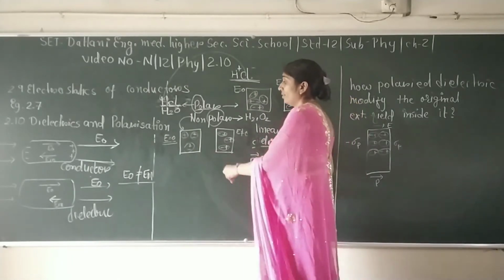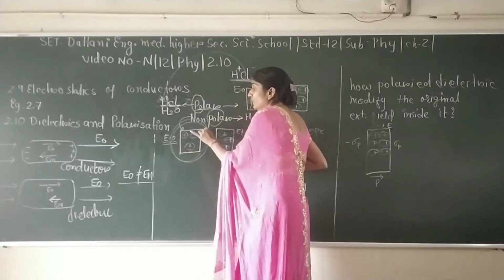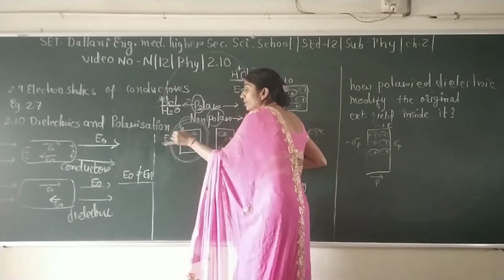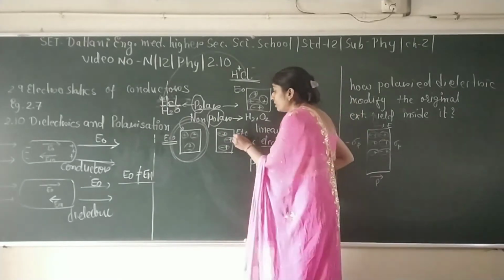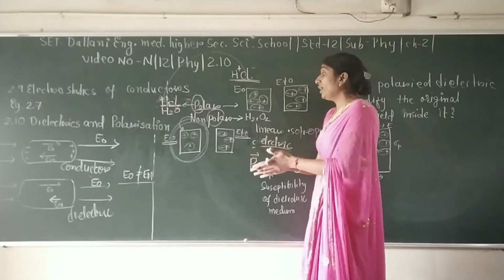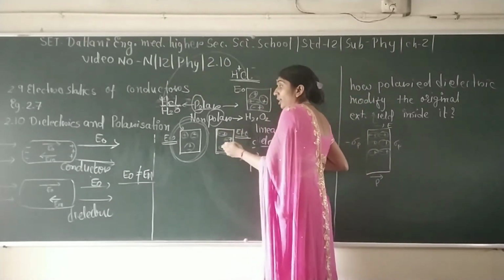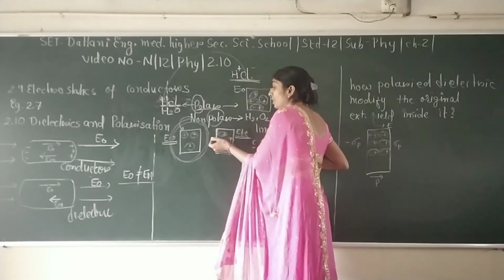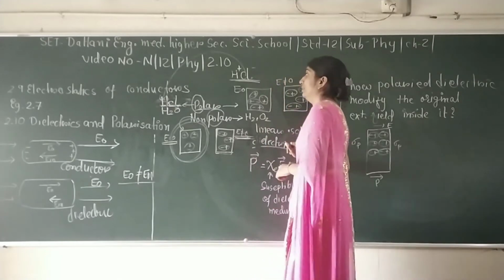In this way, no induced polarization can be seen in the absence of an electric field. But once an electric field is applied to these molecules, they will try to align themselves in the direction of the external applied field.